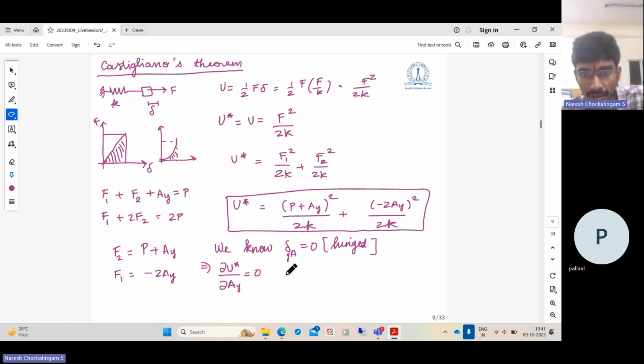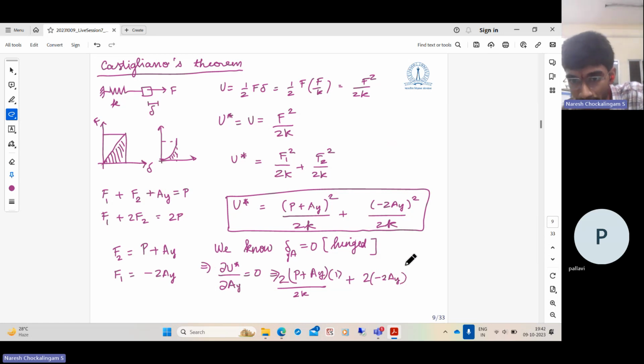So if you enforce this, if you do the differentiation, what do we get? Here you get P plus Ay. If you apply the chain rule, you'll get 2 times (P plus Ay) divided by 2k, and if you differentiate P plus Ay with respect to Ay, you get a 1. Plus, in this case, you get 2 times minus 2Ay, and if you differentiate minus 2Ay with respect to Ay, you get a minus 2, divided by 2k.